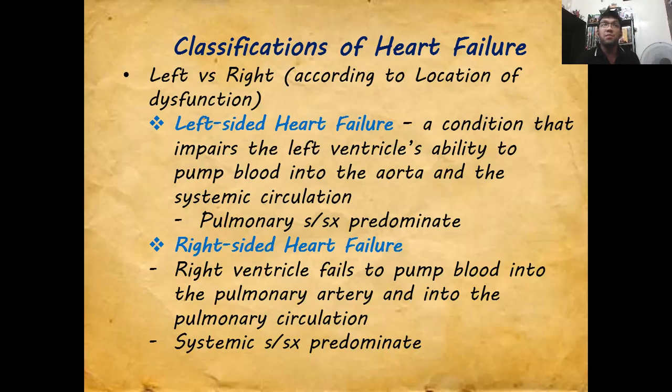Remember, the structures before the left side of the heart are our lungs and the pulmonary veins. So if the left ventricle is too weak to pump out blood into the aorta, the tendency for the blood is to go back. It will backflow or remain stagnant.